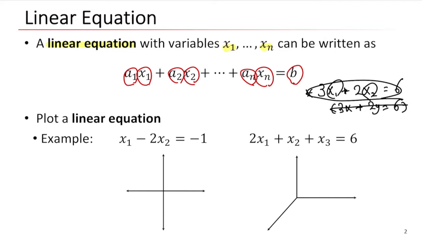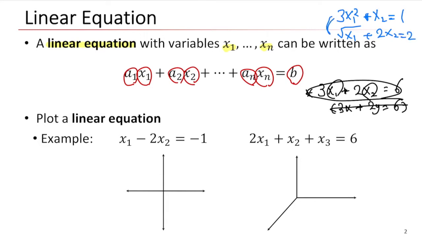So what is not a linear equation? For example, let's think about 3x1 squared plus x2 equals 1, or x1 plus 2x2 equal to something like that.